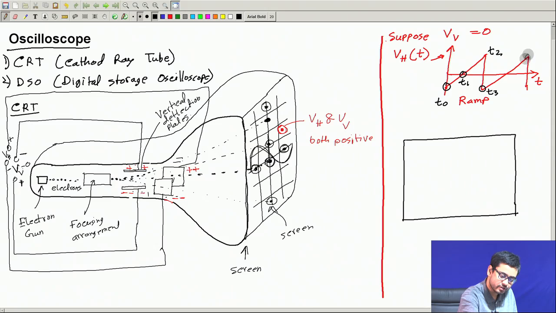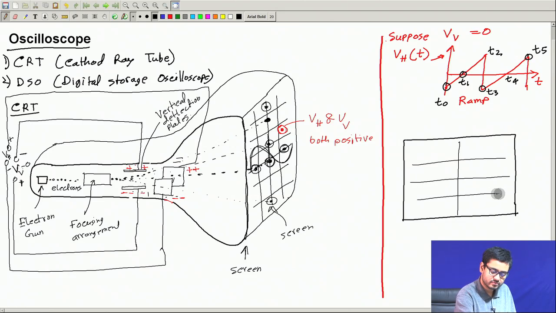We want to find out where the electron beam will be on the screen at these different times. You know that the vertical voltage is always 0, so the electron beam will always be centered with respect to the vertical line. At t equal to 0, horizontal voltage is negative, therefore the electron beam will hit here towards the left. So it will be here at t equal to 0.